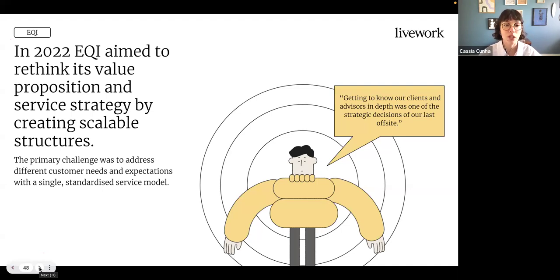And again, we're talking about customers that are just starting to invest, know nothing about it, and don't have many resources, to other kinds of clients on the completely other spectrum, with much more knowledge, different expectations, different resources. So their needs and expectations were very different, and AKE served them with the standardized model.